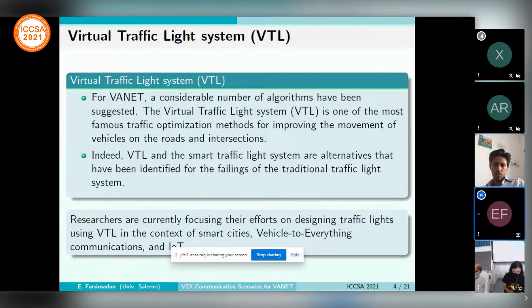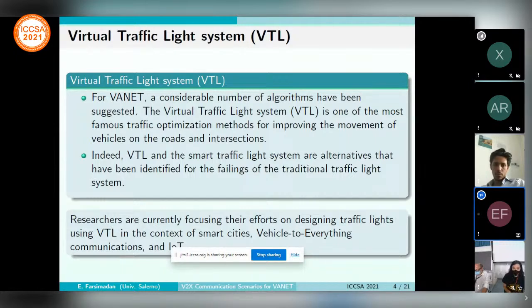Indeed, VTL and the smart traffic light system are alternatives that have been identified for the failing of the traditional traffic light system. We want to move from the traditional traffic light system to a smart one.